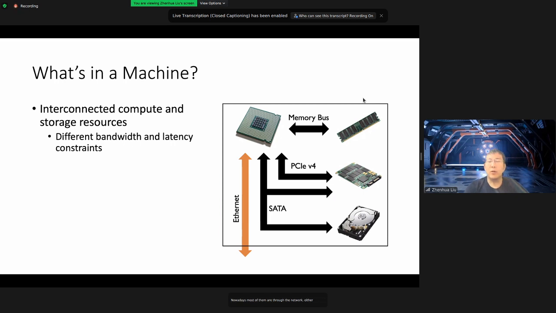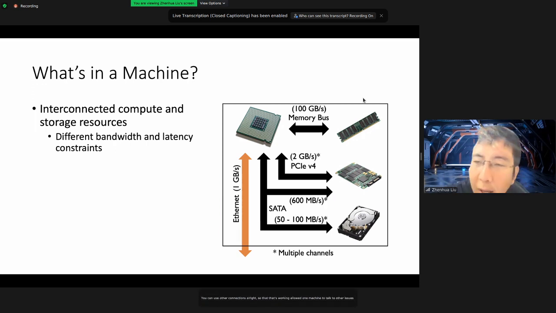Ethernet is what we mostly use. Of course, you can use Wi-Fi or other connections. So networking allows one machine to talk to other machines. This is the speed, because eventually you have the data and you want to move the data around.